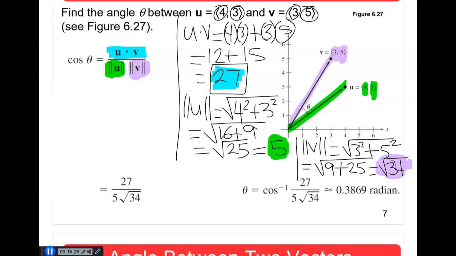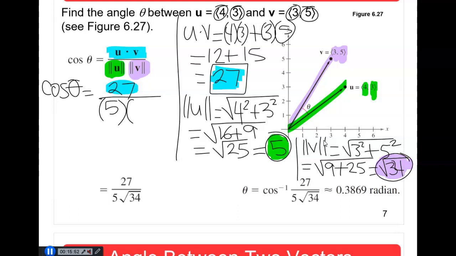So now let's go ahead and do our substitution. For the dot product, we got 27, the dot product between vectors u and v. Then on the denominator, we're going to need the magnitude of vector u, which is 5, times the magnitude of vector v, which is the square root of 34.